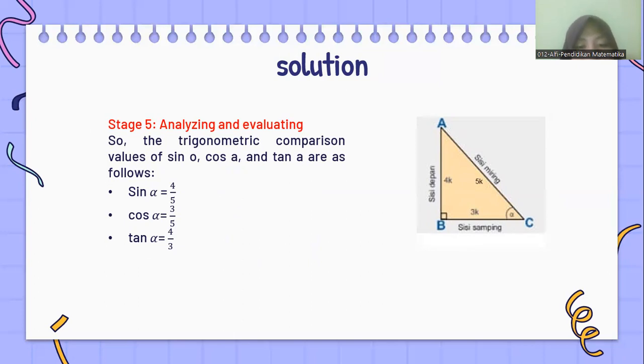So the trigonometric ratio values of sin alpha, cos alpha, and tan alpha are as follows. Sin alpha is 4 over 5, cos alpha is 3 over 5, and tan alpha is 4 over 3.